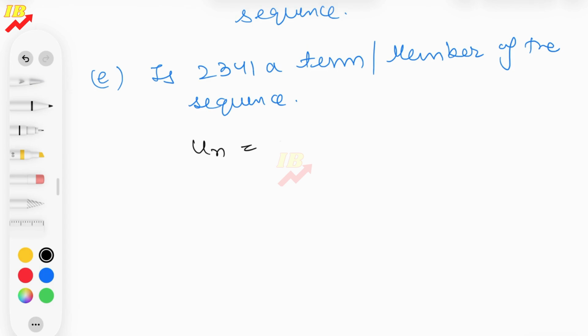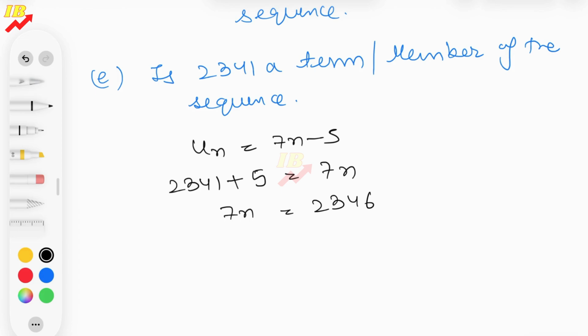Un is 7n minus 5, right? And this is 2341, and you will add 5 in here, so that 7n will come out to be 2346. Okay, then n will come out to be 2346 divided by 7. That is going to give me a mixed fraction answer, which is looking like this.